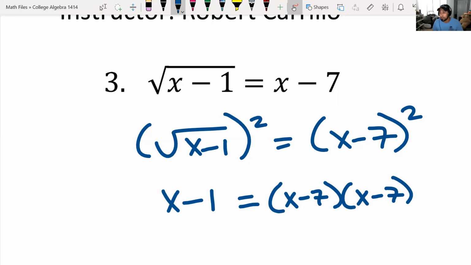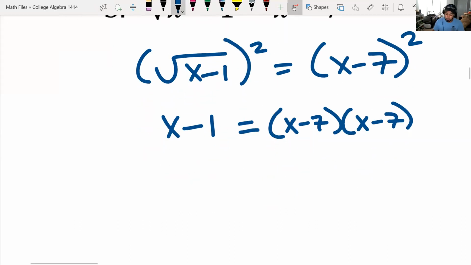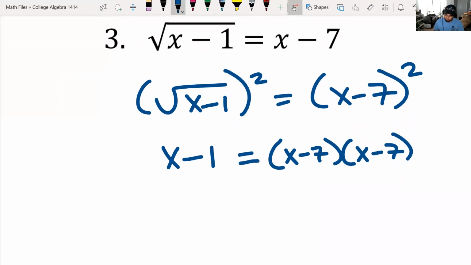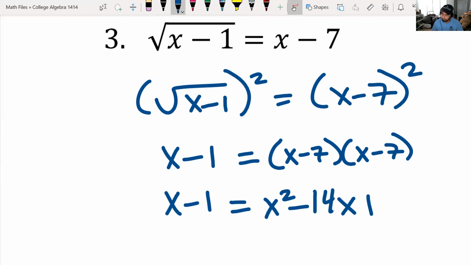Which means now on the right side, we are going to have to FOIL. One of your favorite F words, I know. x minus 1 equals, you FOIL the right side, and we should get x squared minus 14x plus 49.